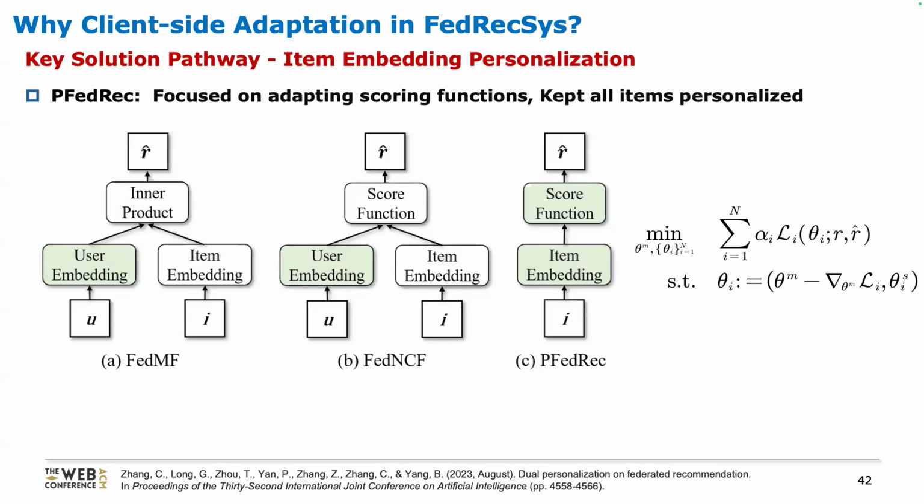In practice, that means every user device holds its own copy of the score function and item embeddings, finely tuned to its interaction data. This dual personalization delivers more accurate recommendations, but as we can see, it also has the highest memory and communication overhead since all items remain personalized on every client.